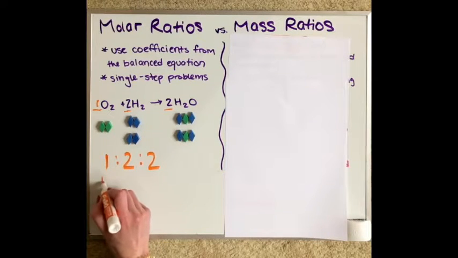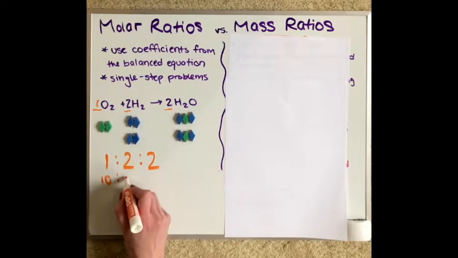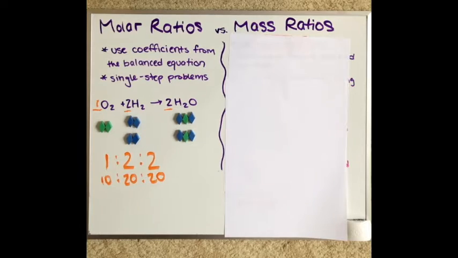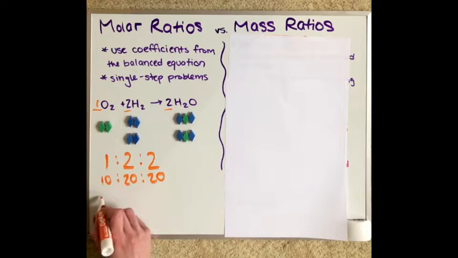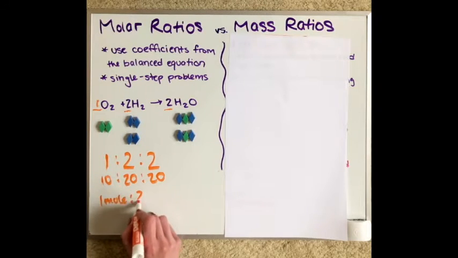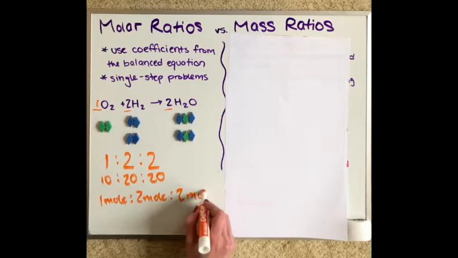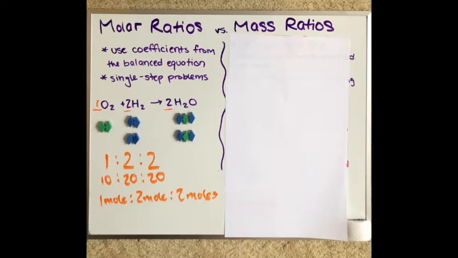Like if you had 10 O2s, you would react with 20 H2s to produce 20 water molecules. And that can be scaled up all the way to 1 mole, to 2 moles, to 2 moles. So I hope that that was your key takeaway from the first part of the lesson.